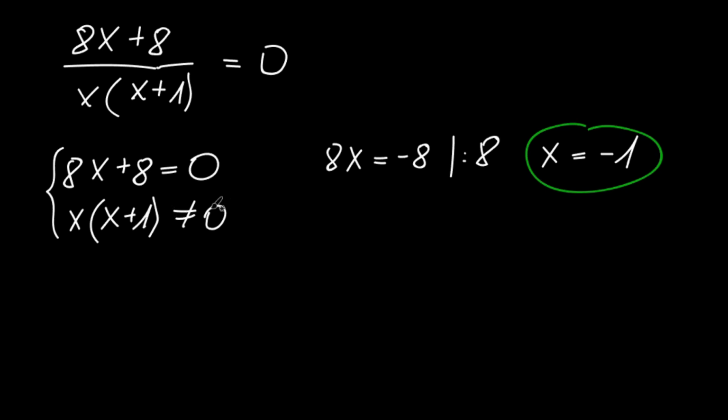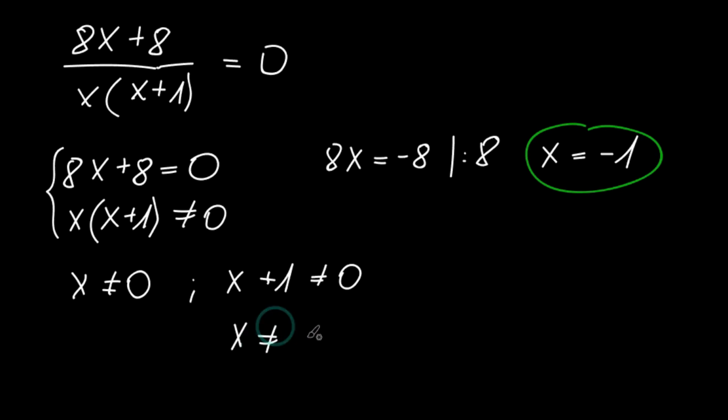Okay, so this is our answer, but there is a catch in this example. From this equation we see that x can't be 0, because if x is 0, this whole thing is 0 and it can't be. Also, we see that x plus 1 can't be 0. So it means that x can't be minus 1, because we are moving this 1 to the other side and we get minus 1.